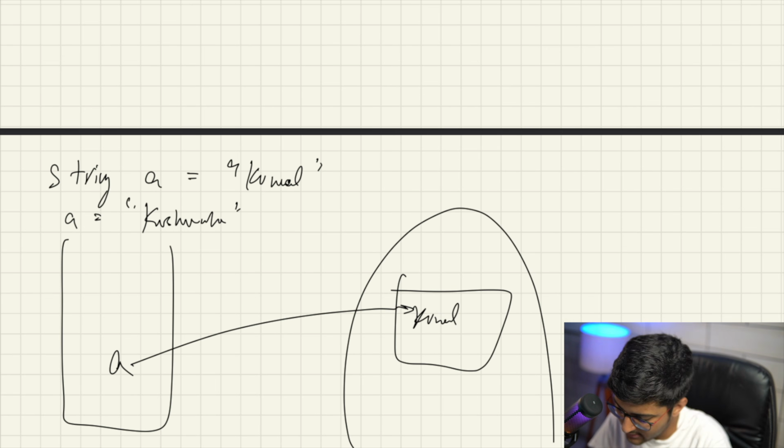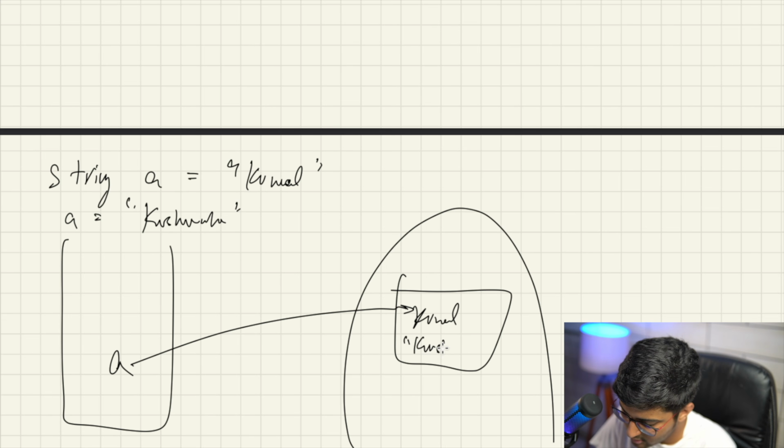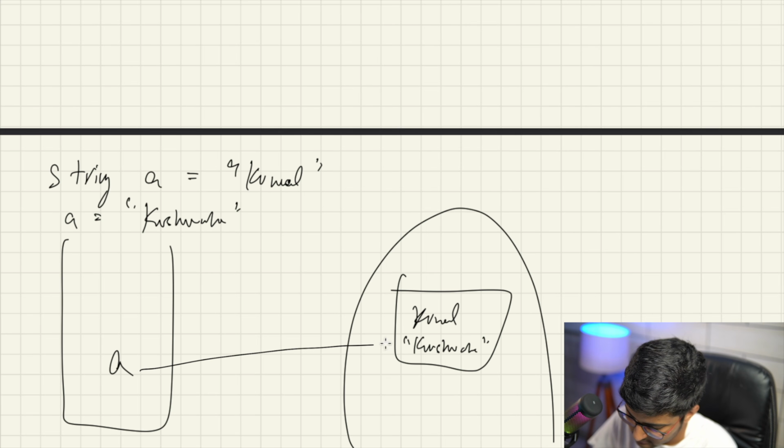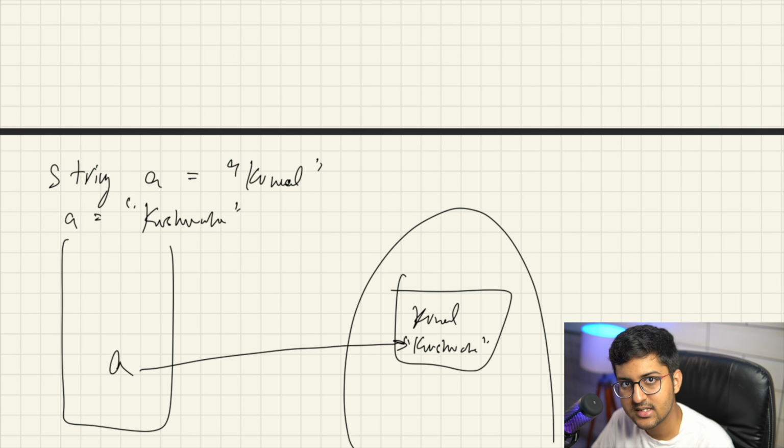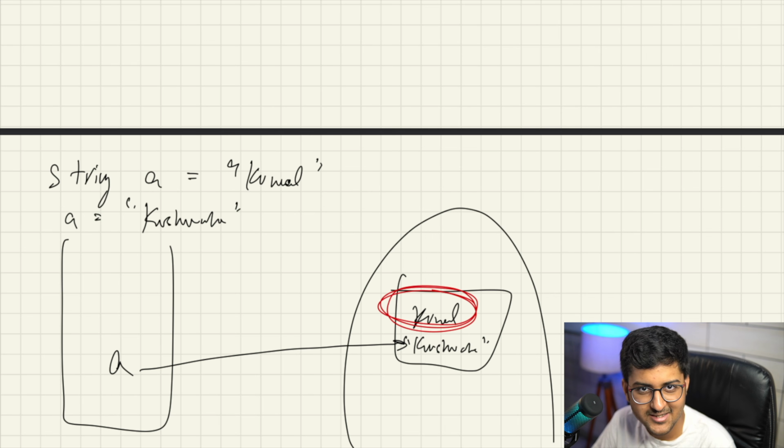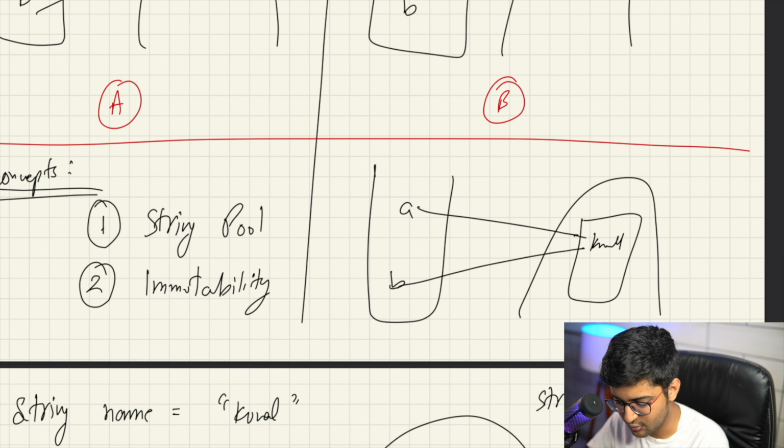This actually said, okay, create another object Kushwaha and point this over here. As simple as that. Did I change this object? No, I just created a new one. Now another question you may have is, what is going to happen with this object now? You tell me. Garbage collection? Okay, cool. So these were the two important points, string pool and immutability.